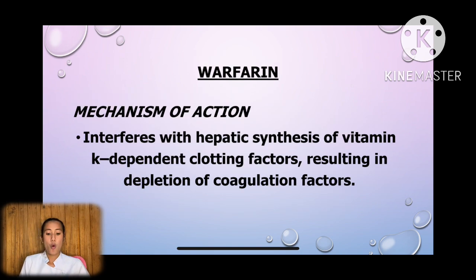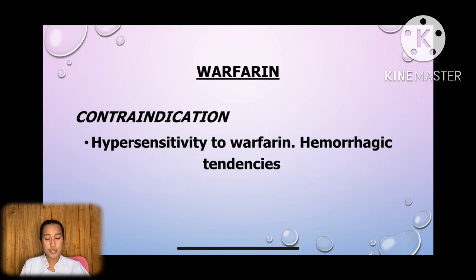Last is the warfarin. So its mechanism of action is that it interferes with hepatic synthesis of vitamin K-dependent clotting factors resulting in depletion of coagulation factors. So contraindication is hypersensitivity to warfarin, hemorrhagic tendencies.